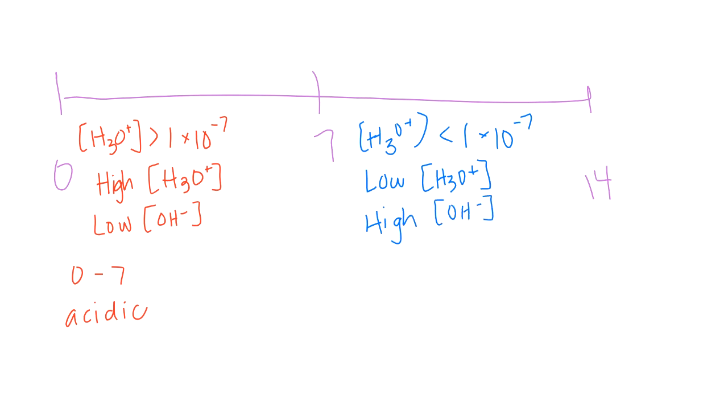High concentration of hydroxide, low concentration of hydronium, which means that we will have a pH between 7 and 14. So we'll have a high pH, and that means that it'll be basic.